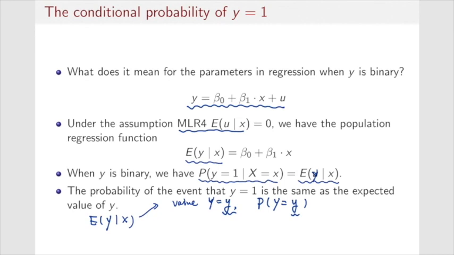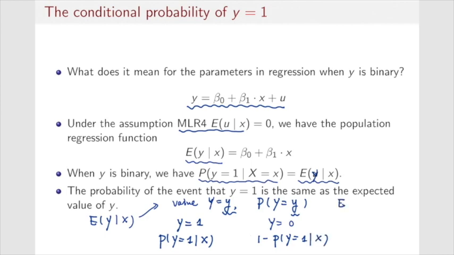When the dependent variable y is binary, it means we have either the case that y is 1 or y is 0. For the event y equal to 0, the probability is 1 minus the probability that y equal to 1.